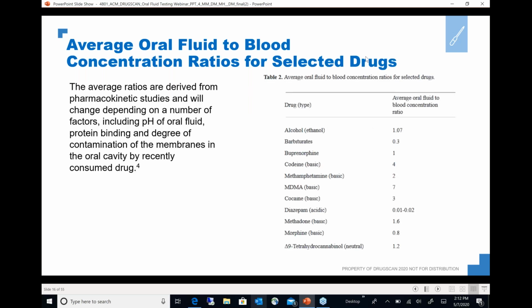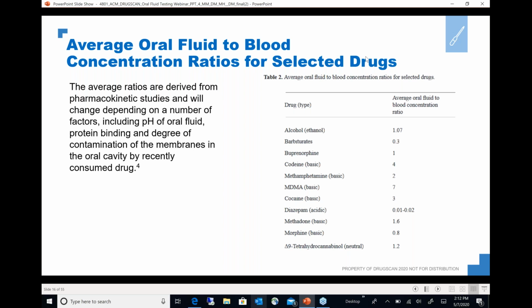This is a slide I really like to use because it talks about the average oral fluid to blood concentration ratios of certain drugs. Reference, if you're interested in looking for more information about this. Alcohol, ethanol, has a very close correlation between oral fluid and blood. Oral fluid is used commonly as a saliva alcohol screening test in certain circumstances.